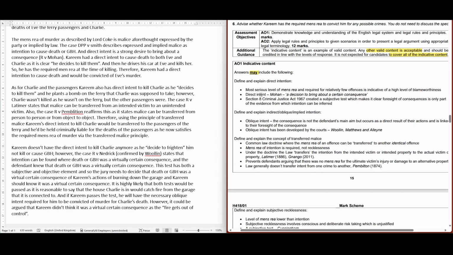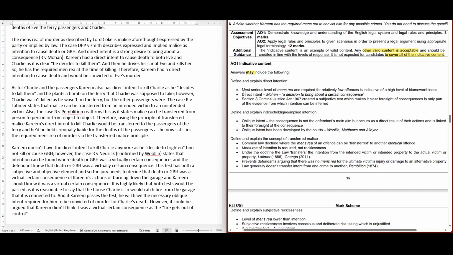Not must, may. These are 3 different ways you can define and explain direct intention. Most serious level of mens rea and required for relatively few offences, is indicative of a high level of blameworthiness. That is a definition of direct intention.